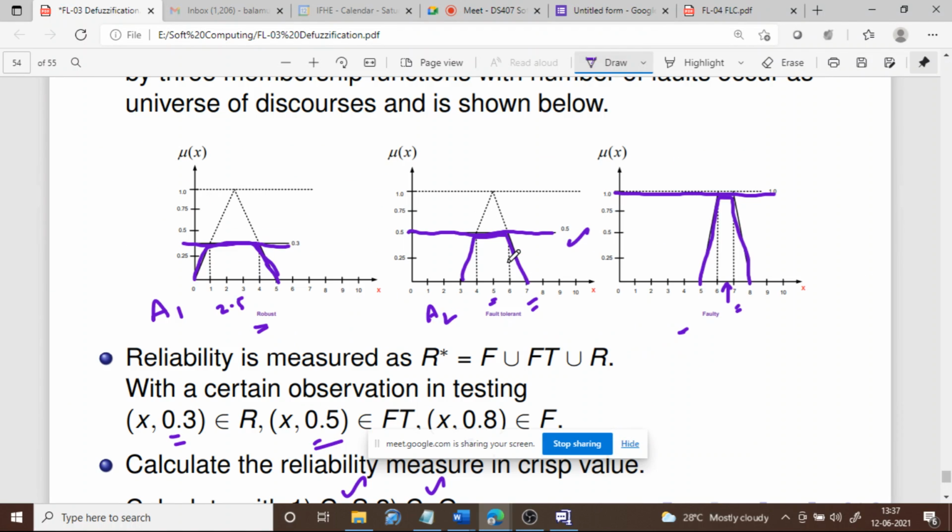Okay, so these are the various defuzzification techniques. In the last class we discussed alpha cut or delta cut, and in this class we discussed various maxima methods, height method, first of maxima, last of maxima, mean of maxima, and then centroid based methods like center of gravity, center of sum.